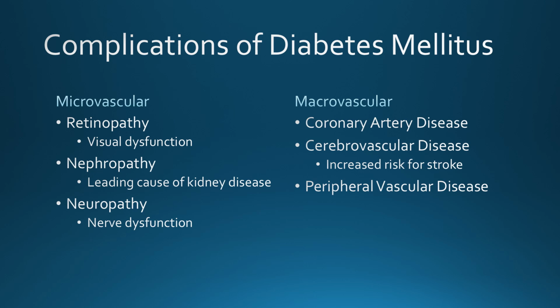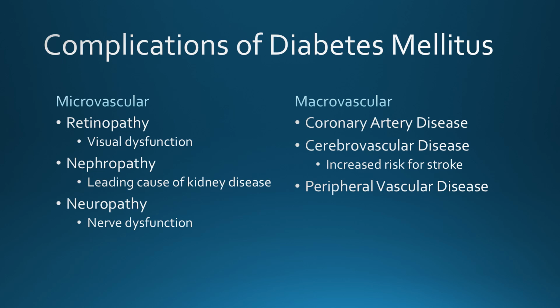Then our macrovascular complications related to diabetes, we're going to see coronary artery disease. So remember, the coronary arteries are the arteries that feed the heart. So these can become damaged. Cerebrovascular disease, so an increased risk for stroke related to the blood vessels being damaged that feed the brain. And then peripheral vascular disease, so referring to the vessels that feed the extremities.